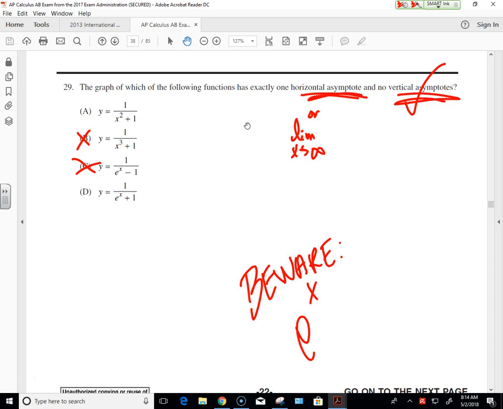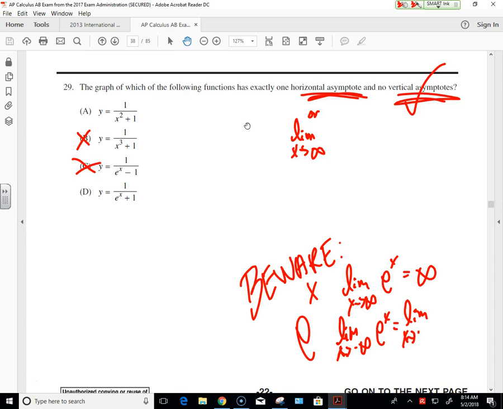Here's why. The limit as x goes to positive infinity of e to the x is positive infinity. But as x goes to negative infinity, the negative is in the power, so it would be e to the negative infinity.